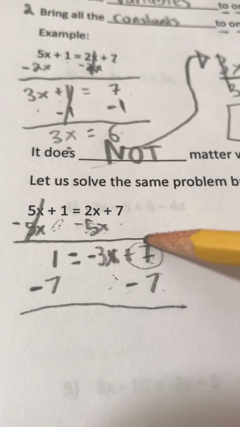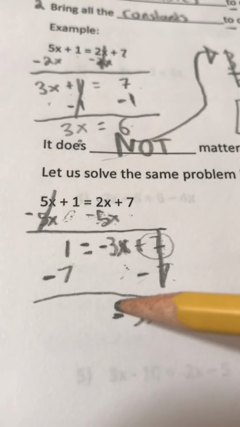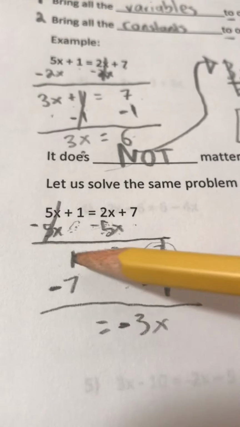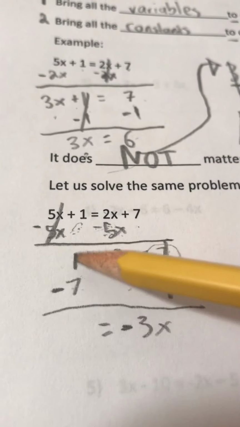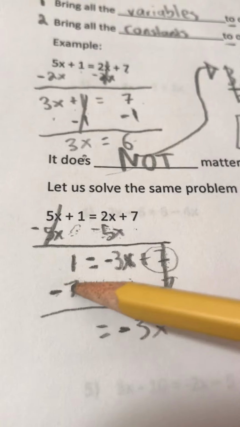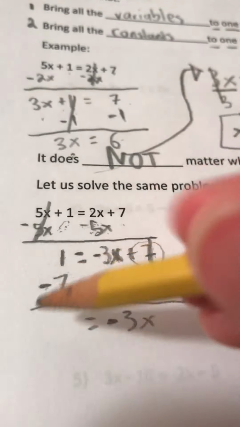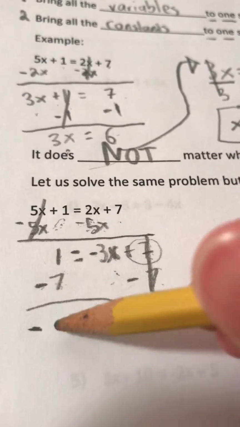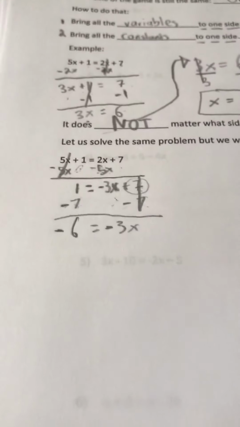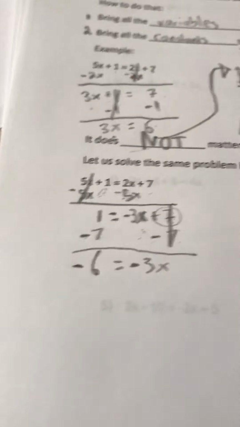Plus 7, minus 7 cancel out, leaving just a negative 3x on this side. Equals 1 minus 7. I start at 1 and I minus 7. I'm taking away positive 7, so I'm going to get negative. 1 minus 7 equals negative 6. You could put that in your calculator too if you are unsure.